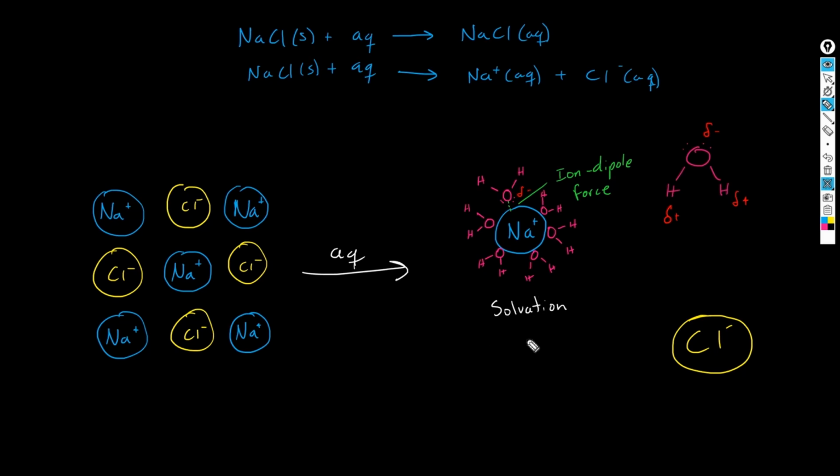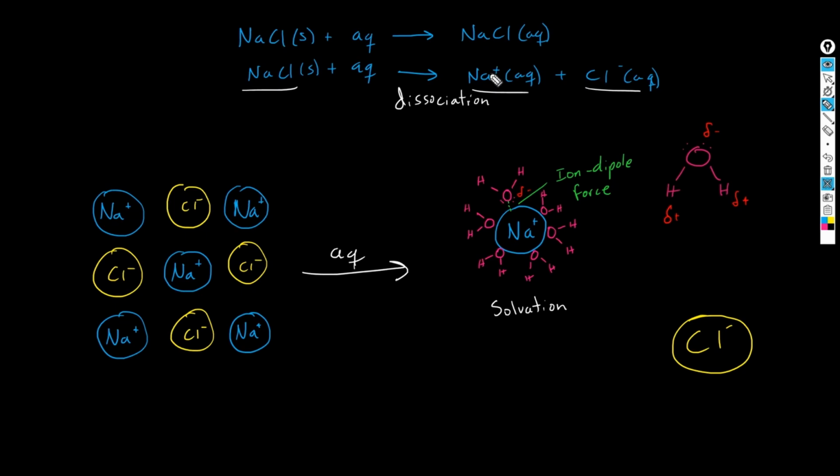So solvation, not salvation, solvation, is the process of water molecules forming ion dipole forces and surrounding the ion from the ionic compound that's being dissolved. Not to be confused with dissociation, which is the process of an ionic compound separating into its individual ions.